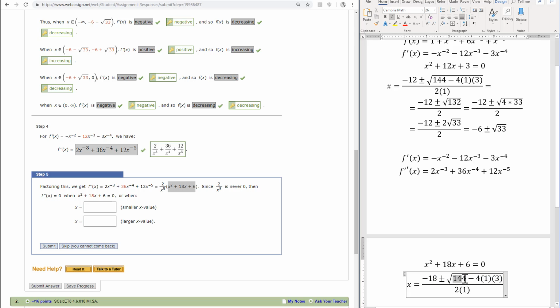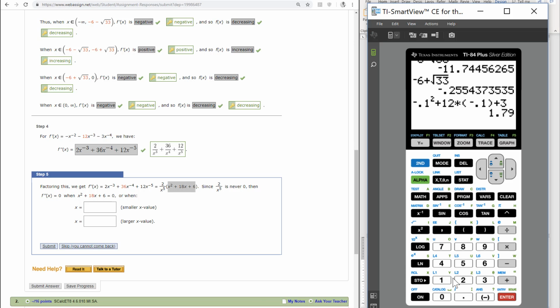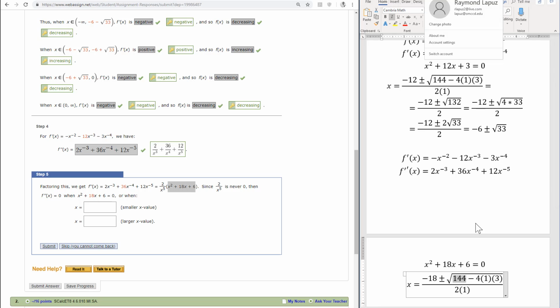Negative 18 plus or minus 18 squared. I think I'm going to need some help here. 18 squared, that's 324. So 324 minus 4a, and then c in this case is 6, and then 2a.